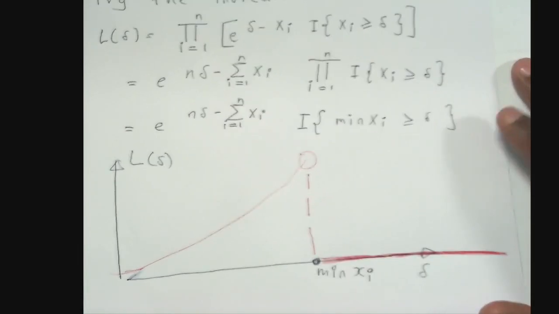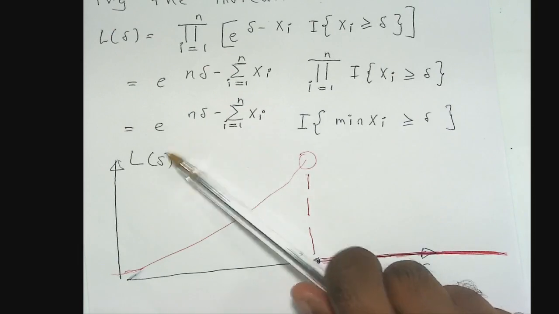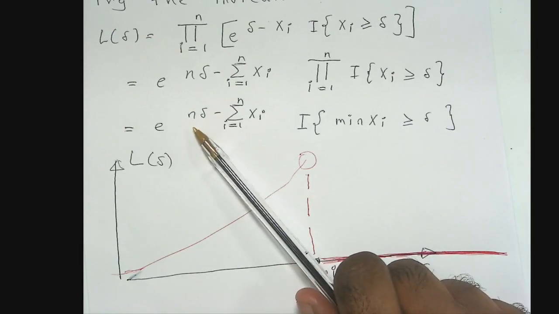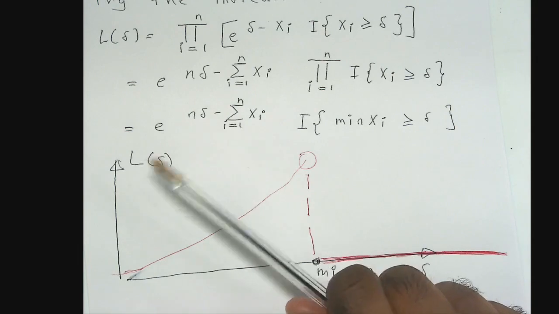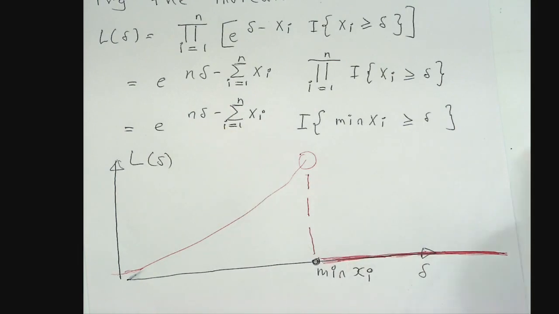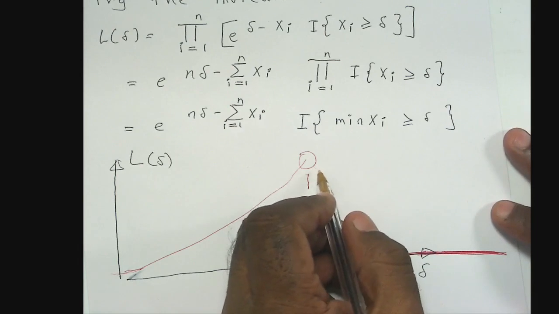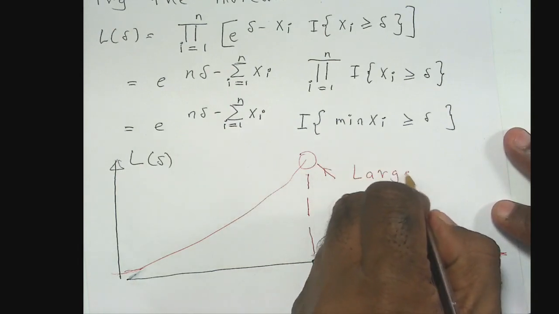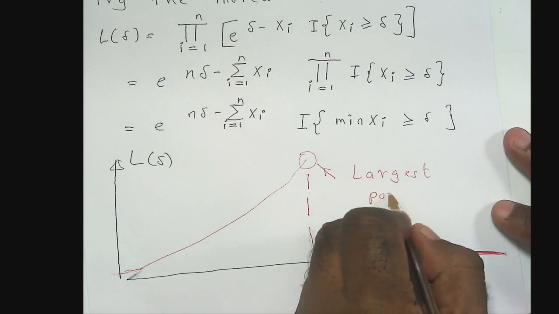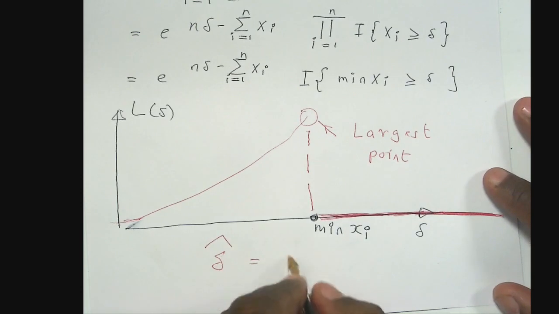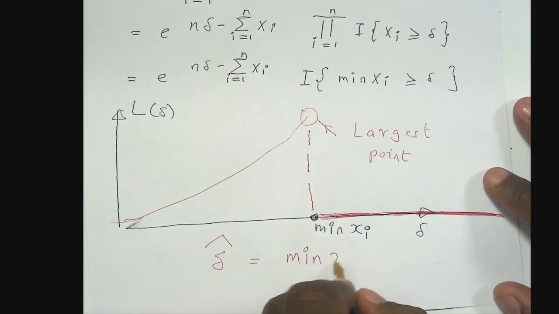It's an increasing function because you have E of n delta, and n is a positive number. Therefore, as delta increases, this must be an increasing function. So this is the largest point of the graph, and therefore the ML estimator for delta must be equal to the min of xi.